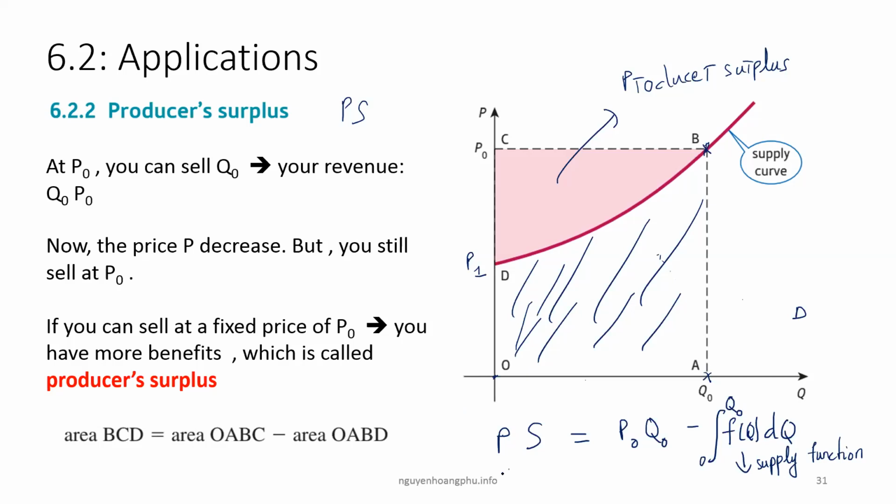Consumer surplus, CS, is going to be equal to the integral from 0 to Q0 of F(Q) dQ, but here it is the demand function, minus P0 Q0.